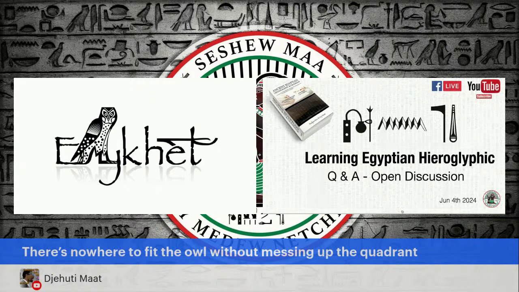Jehudi said something about how you can't fit the owl over there without messing up the quadrant, because it has to be aesthetically pleasing, and that's why you see sometimes, for the M, which the owl would function as, they switch it to the other M, which was the blunt half. And then with what Jemo X was saying about abbreviations, when some things are omitted, like you said, it can stump us.